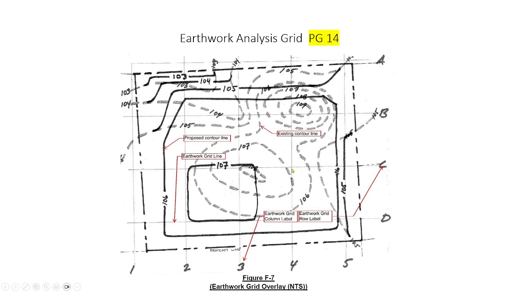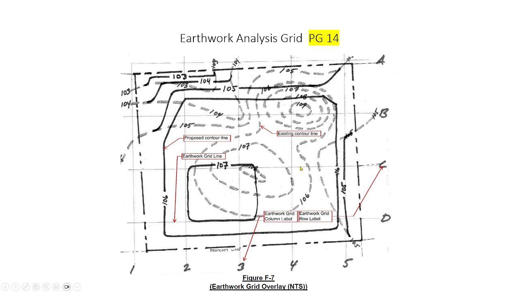Now, for the proposed grade right here, we've got to stretch out. This is not 108, this is the 107 grade right here. It's kind of got thin on us, but this is 107 and this is 106. Let's go halfway from 106 to 107. I would say we're about right here.